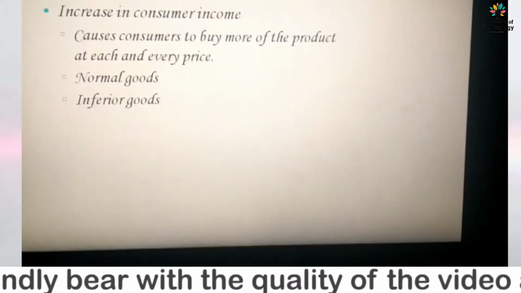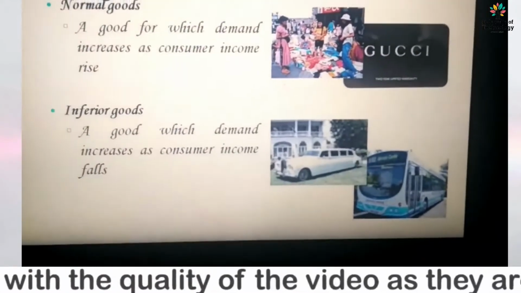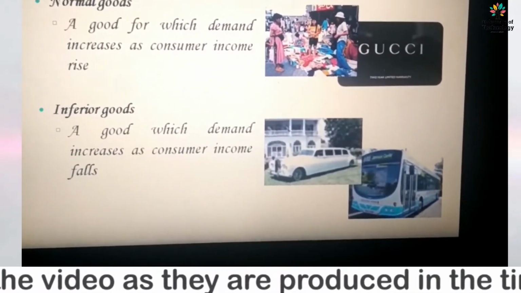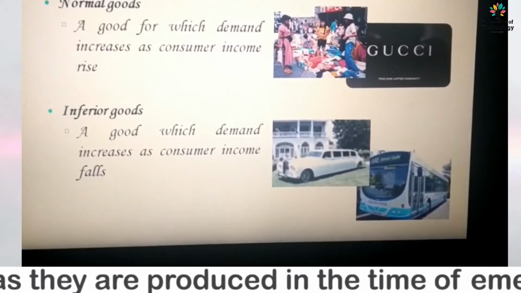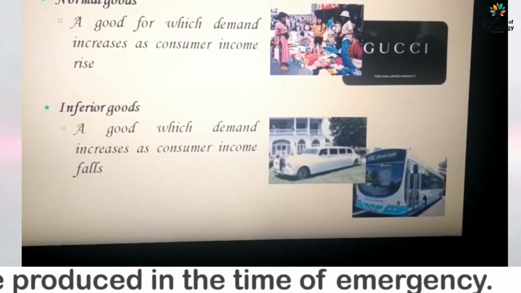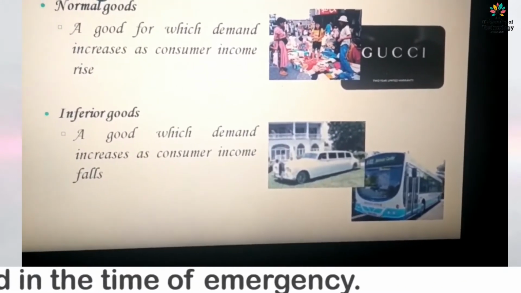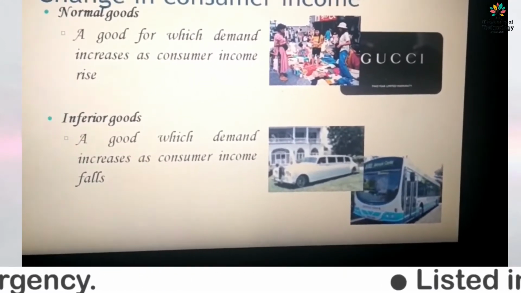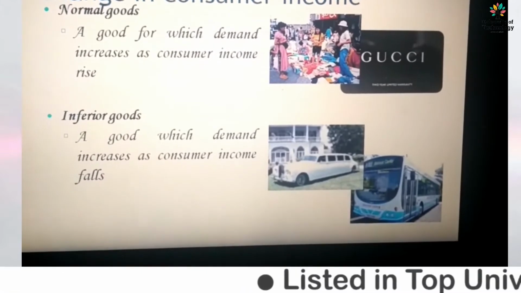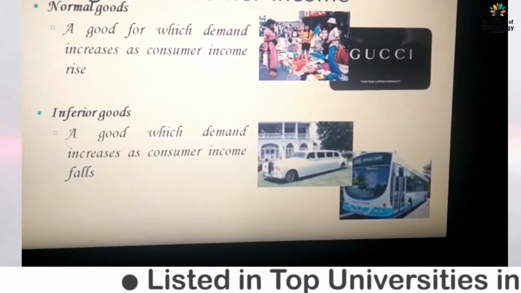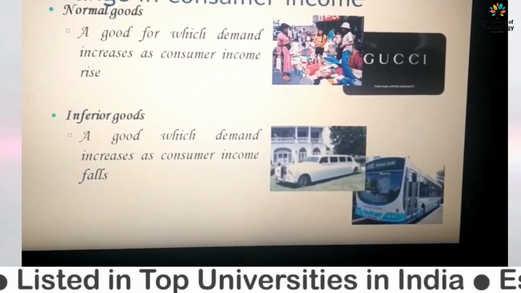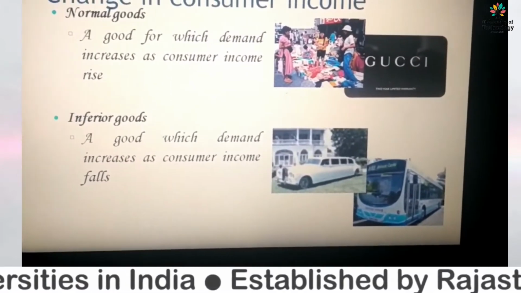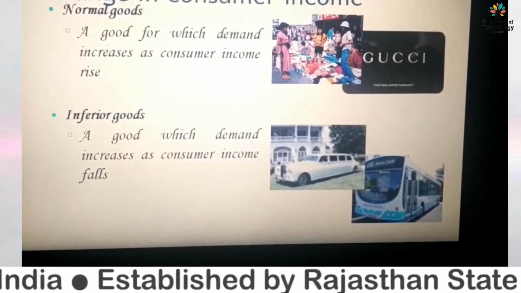If we are talking about normal goods, what is the impact of consumer income on normal goods? A normal good is a good for which demand increases as consumer income rises. If consumer income rises, the demand for normal goods will also increase, right? An inferior good is a good for which demand increases as consumer income falls.